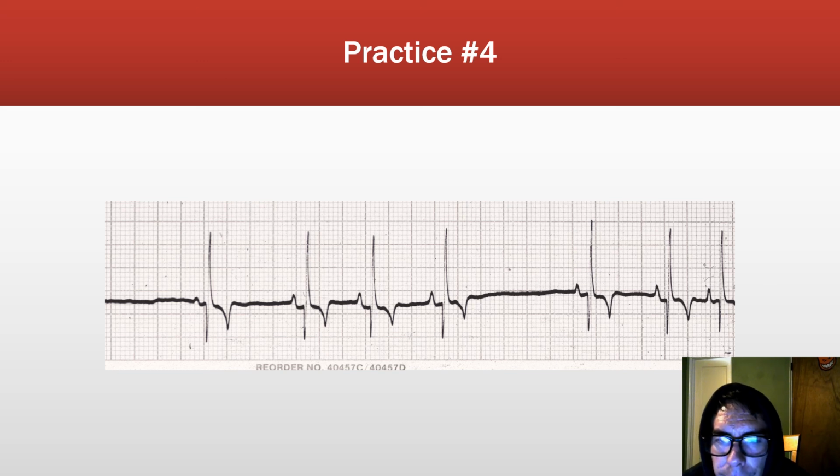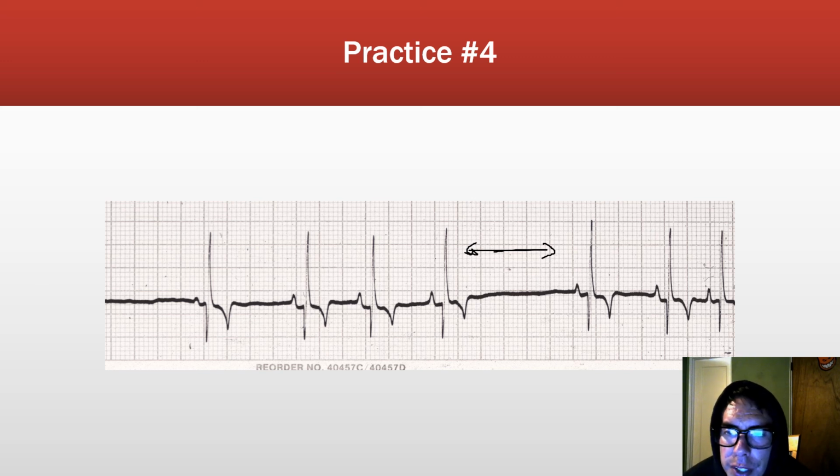Now this one, we have an irregular rhythm just because of this gap in here, but we do have P waves before every QRS with no extra or missing ones. Our rate for this, assuming it was a 6-second strip, would be 1, 2, 3, 4, 5, be about 70.